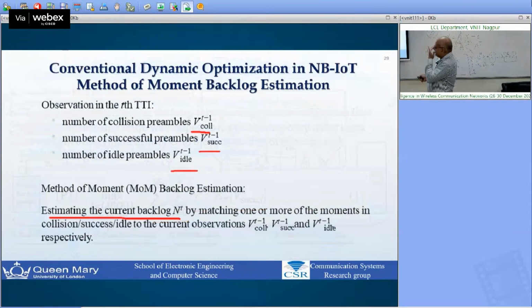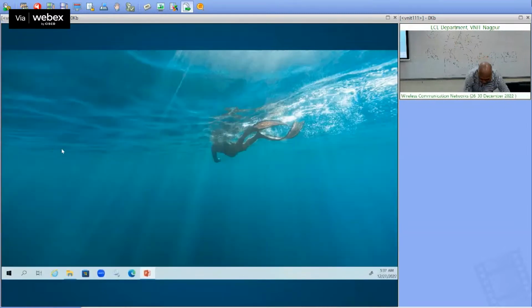Say you have a certain number of preambles, and you see how many preambles collided, succeeded, or were idle. Then we can estimate the load. What does estimating the load mean? I can show you a simple example.